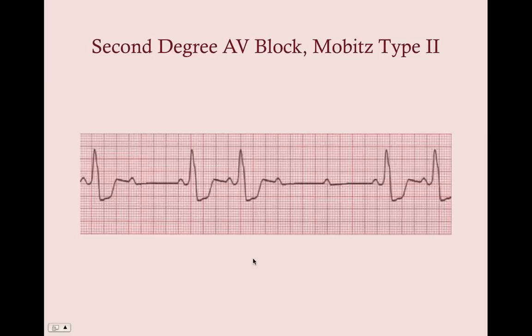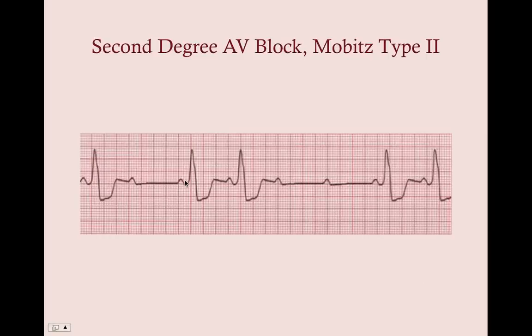Now, Mobitz type 2, so this is also second degree, but this is Mobitz type 2. It's similar to Mobitz type 1 in that you do have a dropped QRS complex, but you don't have an elongating PR interval. You have what appears here to be a normal PR interval, and then all of a sudden, a P wave without a QRS complex.